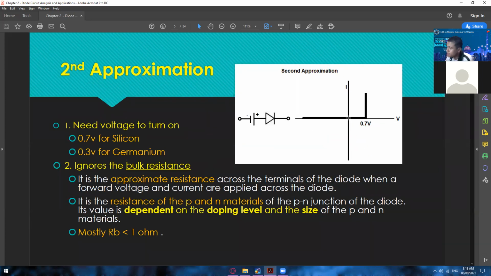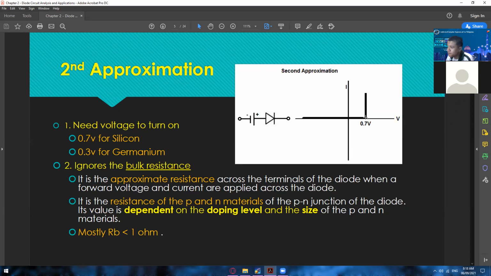By the way, this is the graph for the second approximation. As you can see, you have already applied a certain voltage right here, but your current is still not flowing, or it still doesn't permit the current. That's because you have to consume the 0.7 volts first before there will be a flow of current.